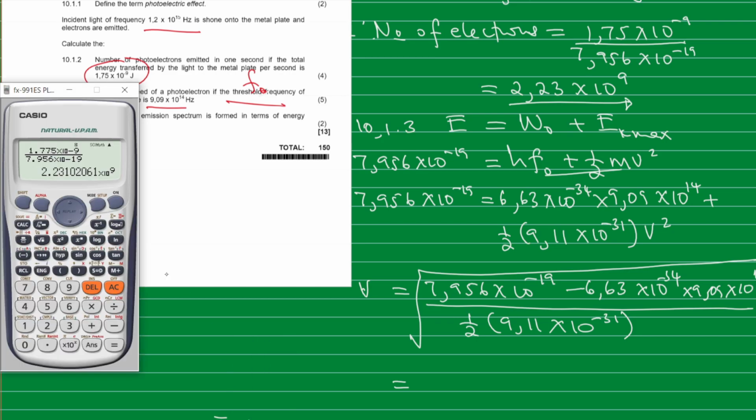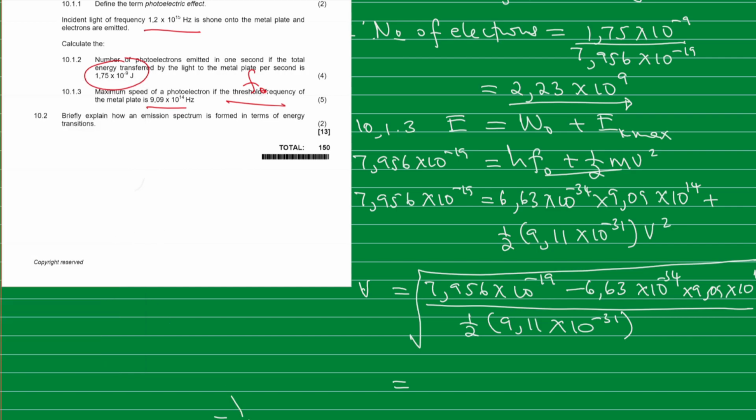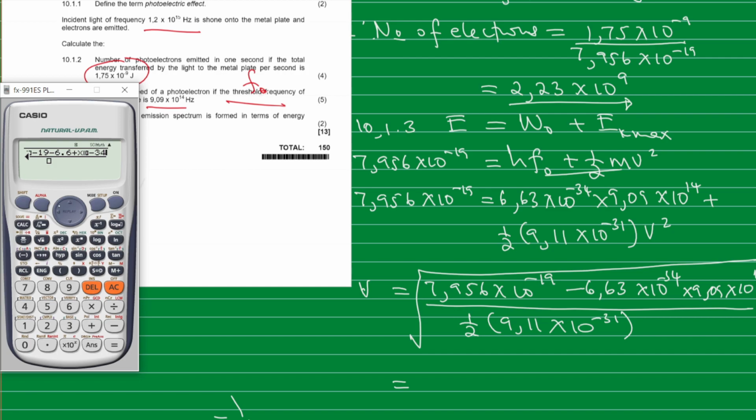So let's get into the calculator here. Let's put the square root sign there, and then we've got the fractions. We're going to enter the numbers on top: 7.956 and the negative 19. We are subtracting 6.63 negative 34. No, we must multiply here. I guess we've made a mistake.